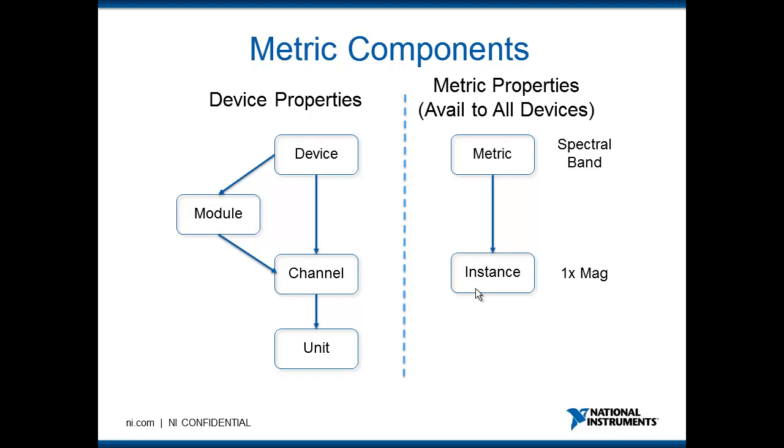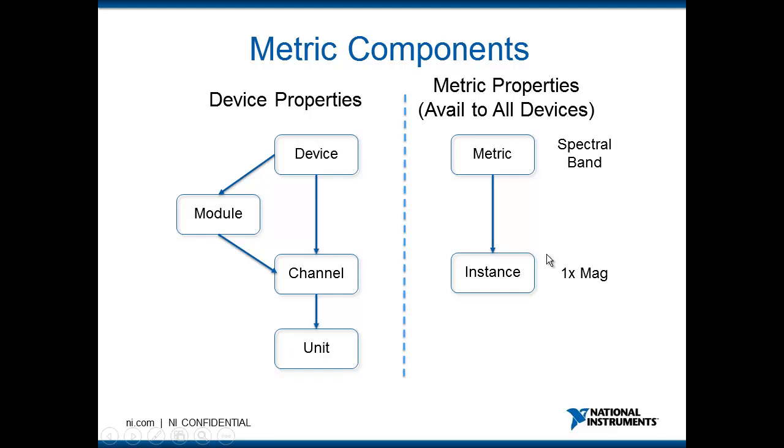Now, as I mentioned in the previous video, metrics are a little bit different because metrics can either run on the device or they can run on the server. Again, a complete metric definition is composed of both a metric component and an instance component.